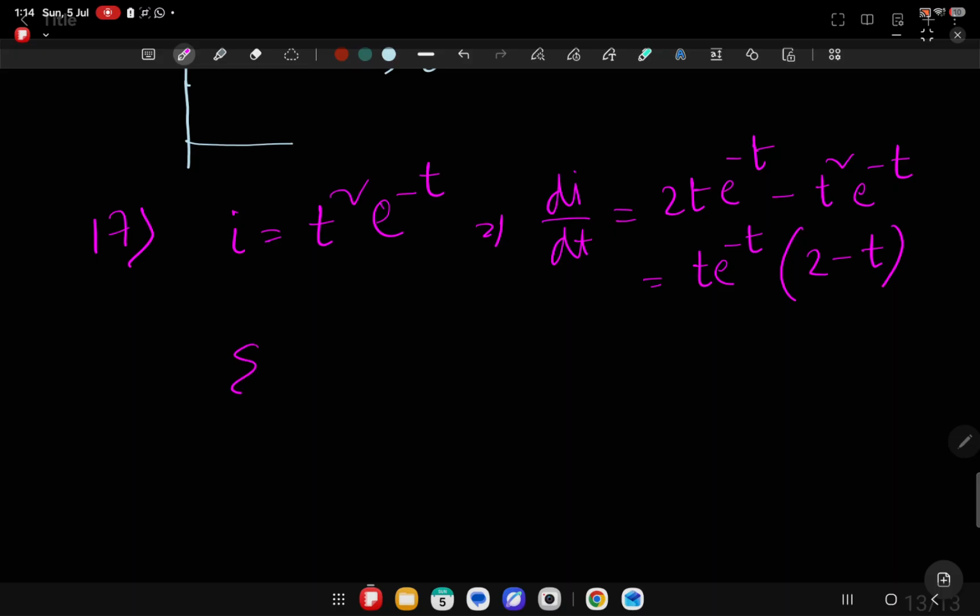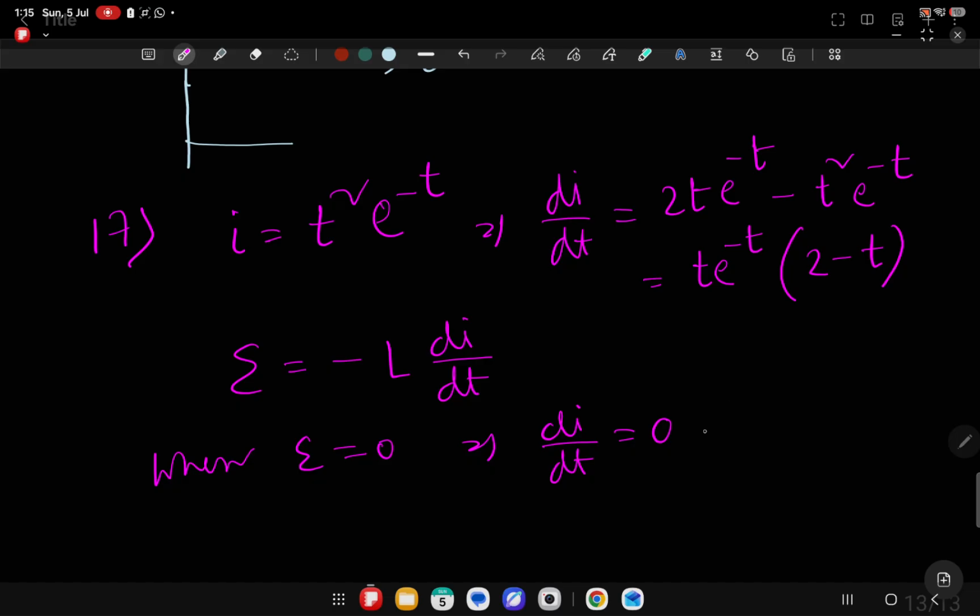So EMF will be minus L di by dt. Okay, so when EMF will become 0, then di by dt is also becoming 0. So it is 2 minus t becoming 0, because e to the power minus t cannot be 0 for any instant t.